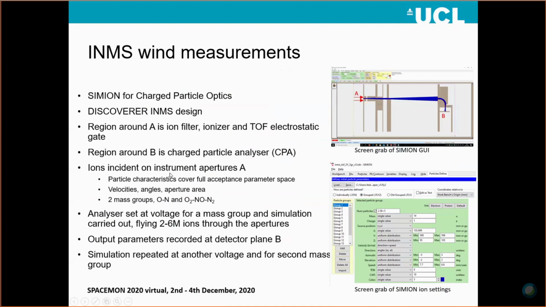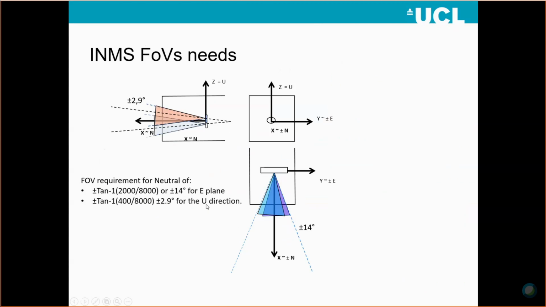But let's take a slightly closer look at crosswind measurements, because that's quite an important element that we are aiming for with this kind of instrument. We did a lot of simulations. I unfortunately don't have data for this; we have to wait for Discoverer up there. But we did a whole bunch of semi-ion simulations to demonstrate that we can get good crosswind measurements.